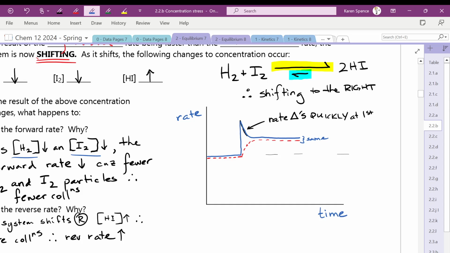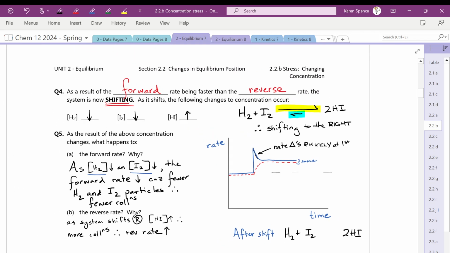Now, eventually, after the shift, we would have the H2 plus the I2 in equilibrium with 2HI. What would the sizes of the arrow be like compared with those ones?